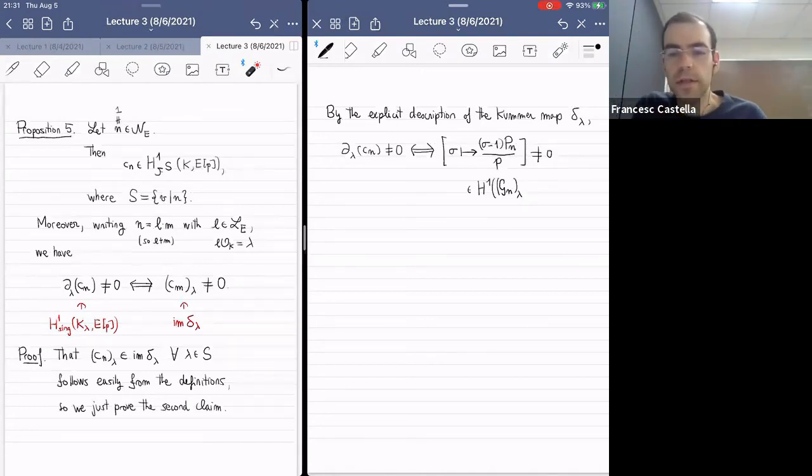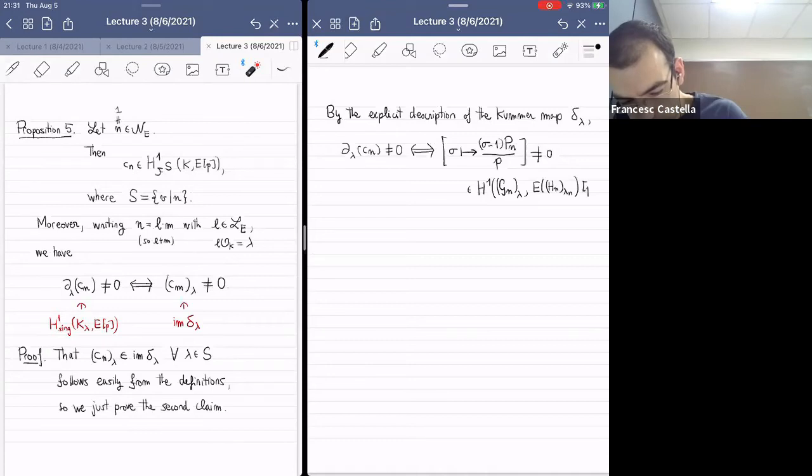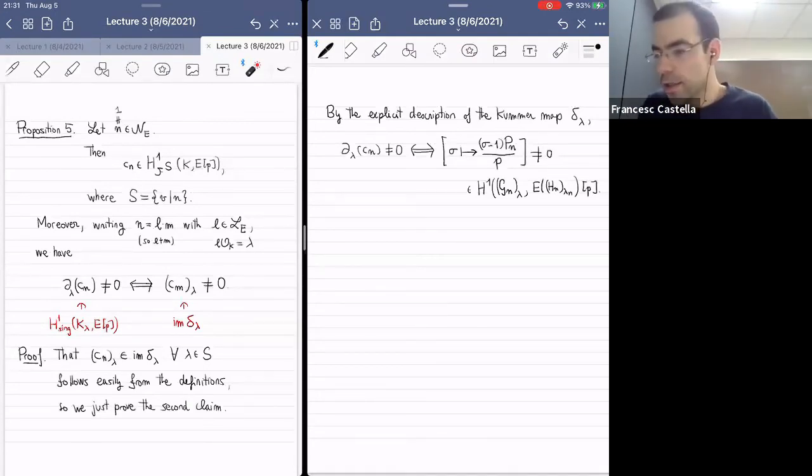So that's how I denote the decomposition group. And the coefficients here are Hn localized at the corresponding prime. Okay, so you see here this lambda and lambda n that we already encountered.